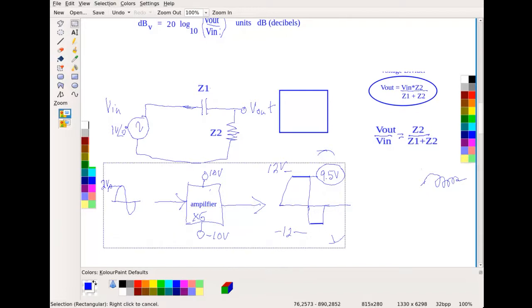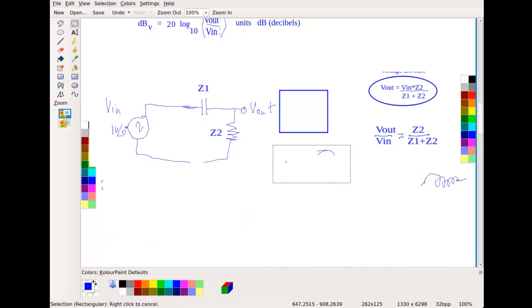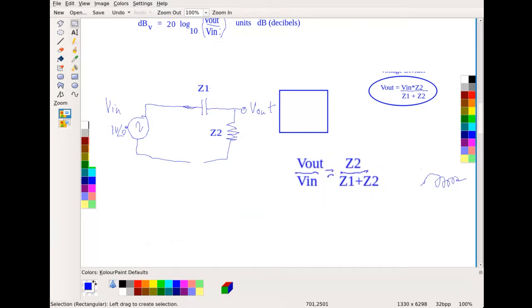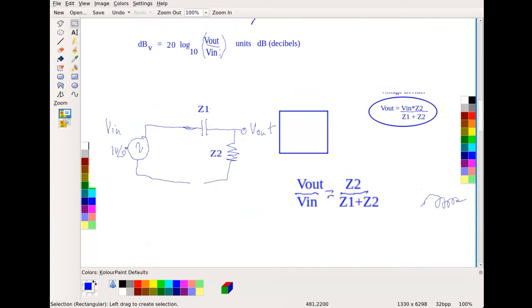So let's pull that bit out of here for now. Yes, you're welcome. All right, what we're trying to do is deal with these decibels. The decibel is defined as 20 times log base 10 of Vout over Vin.